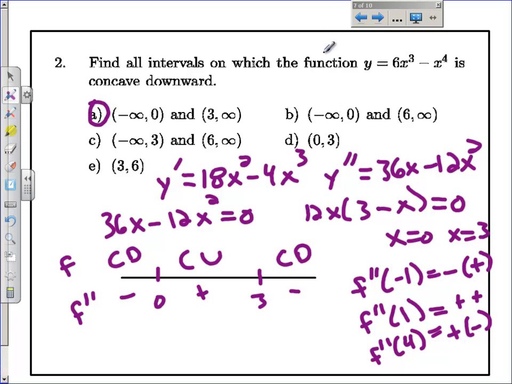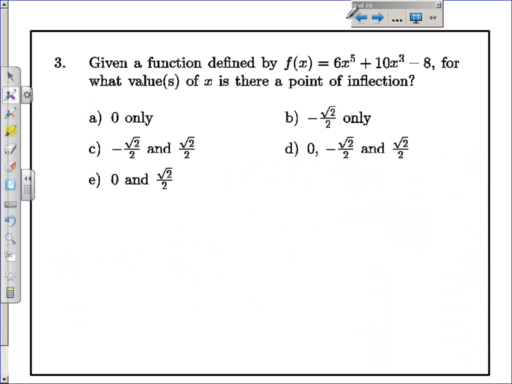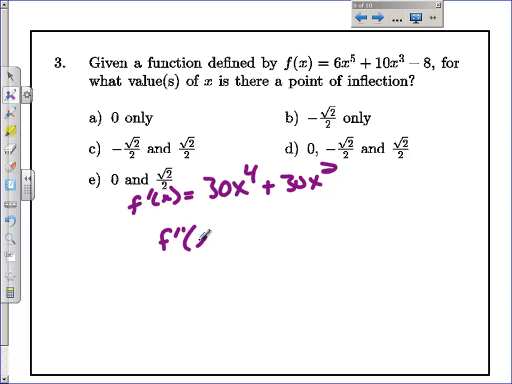Let's do one for a point of inflection. A point of inflection is where we've got a change in concavity. So I've got 30x to the fourth plus 30x squared for f prime. And then f double prime is 120x cubed plus 60x. Let's set this equal to 0.